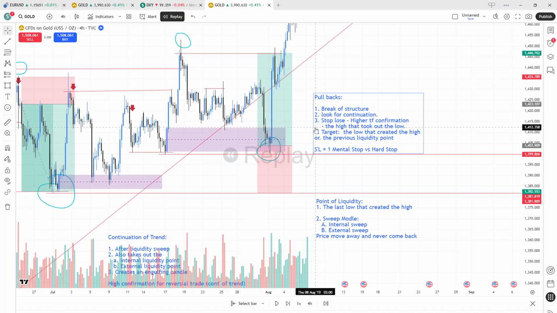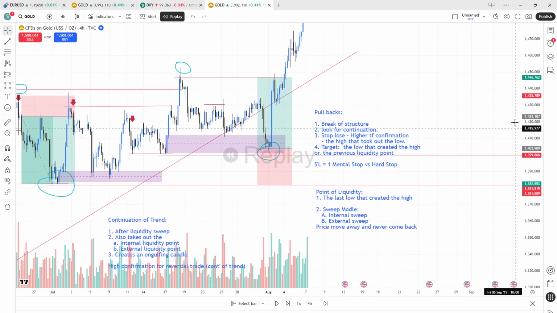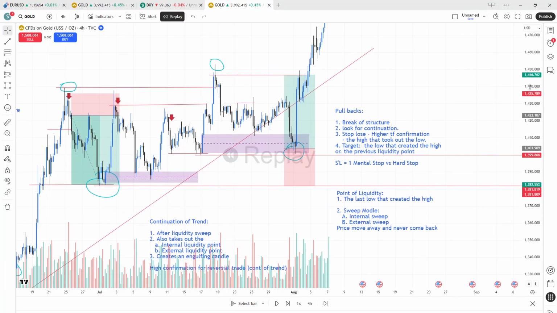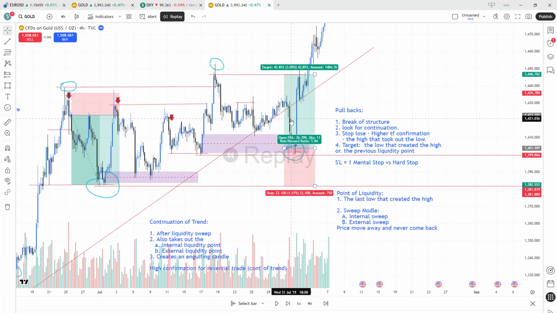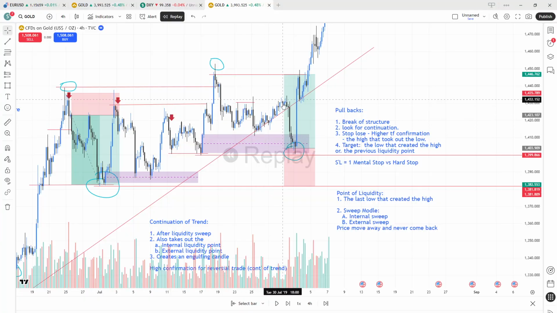Because they're going to push lower and lower to shake out all of the sellers, or all of the buyers trying to push.